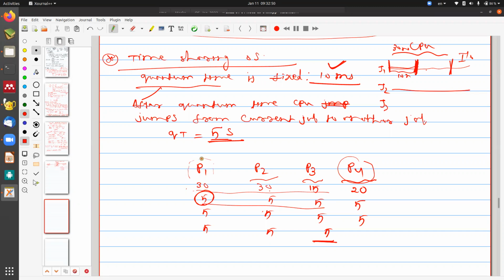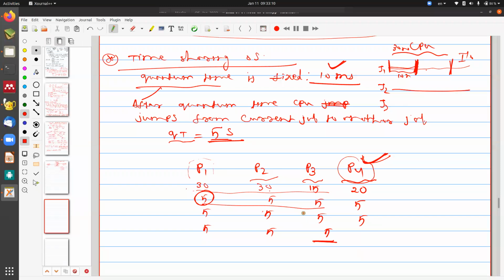Because this job will be executed for 5 time units, then this job, and after that he is guaranteed to start, because our time sharing operating system says that based on this quantum time, my CPU has to be moved from one process to another in a rotated manner.